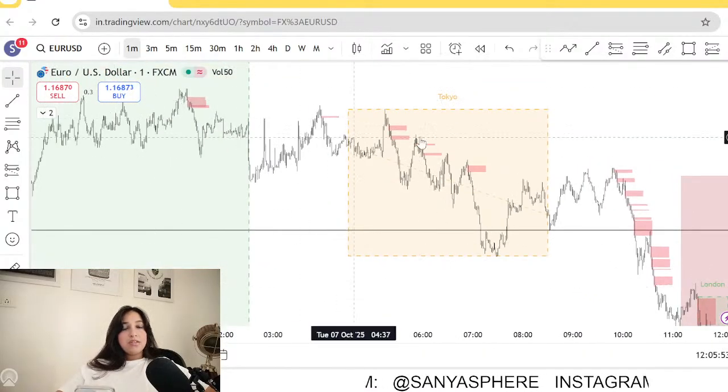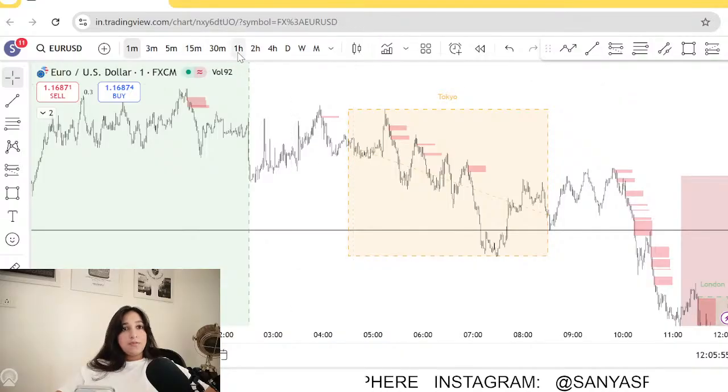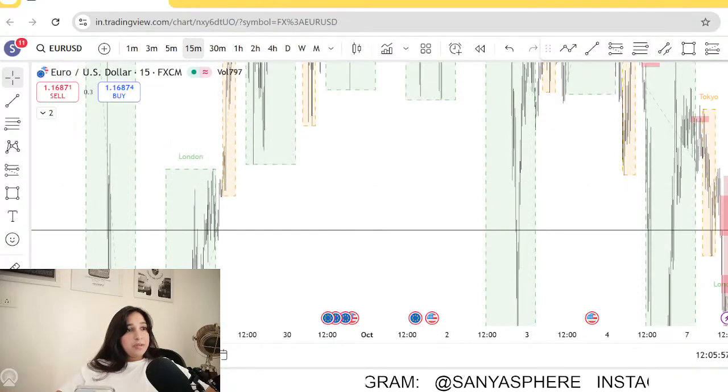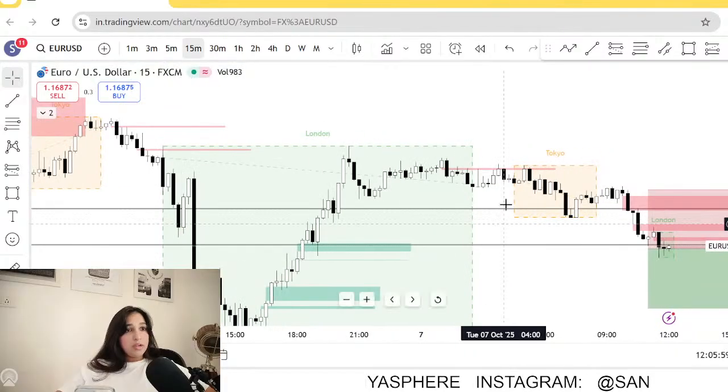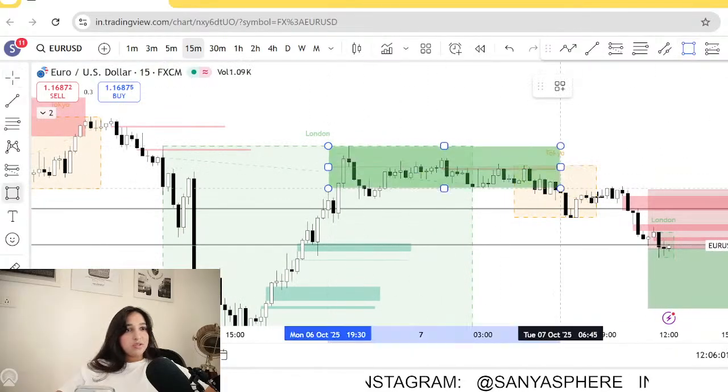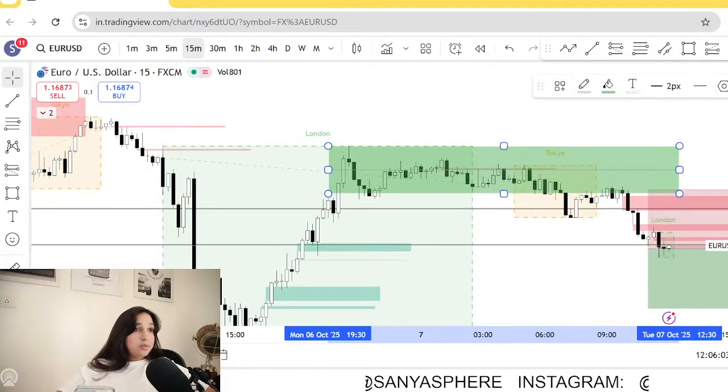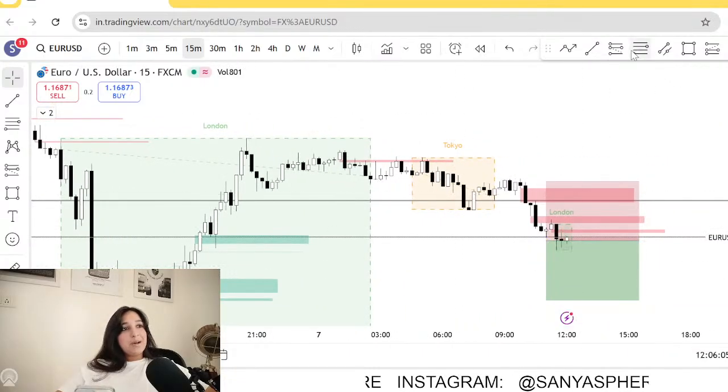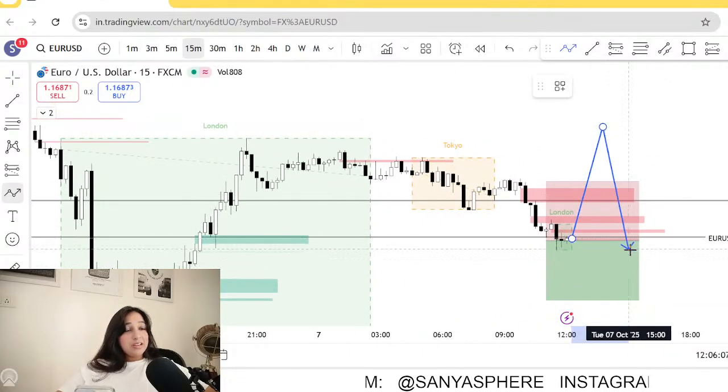Might be because there's a lot of liquidity. If you see on the 15 minute time frame as well, there's a lot of liquidity right over here on this range. So I'm expecting it could be something like this.